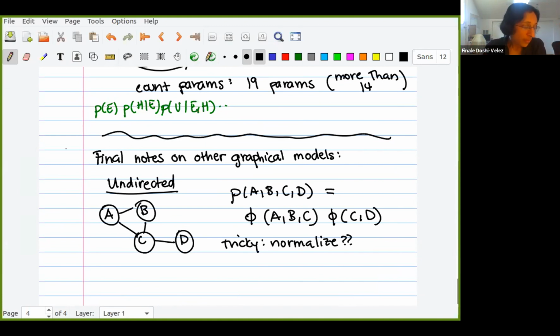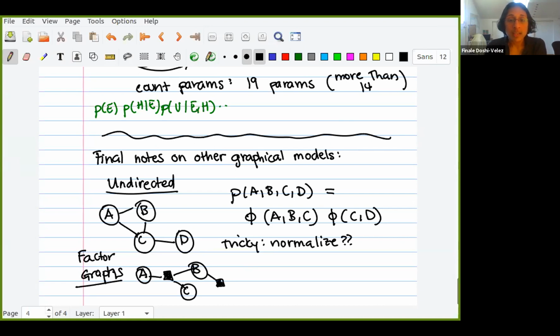And the other main kind are factor graphs. In factor graphs, we explicitly note down where things interact. So we could have something like A, B, and C interact through this factor over here.